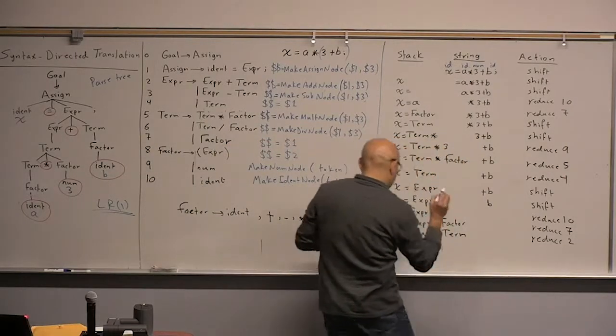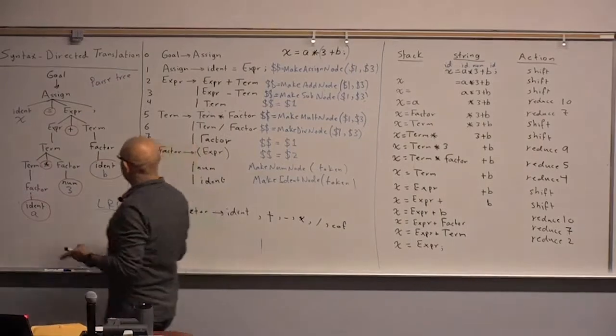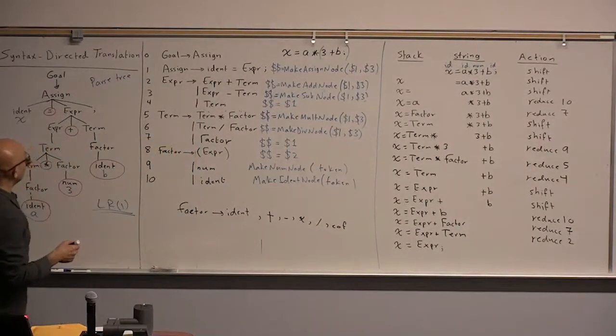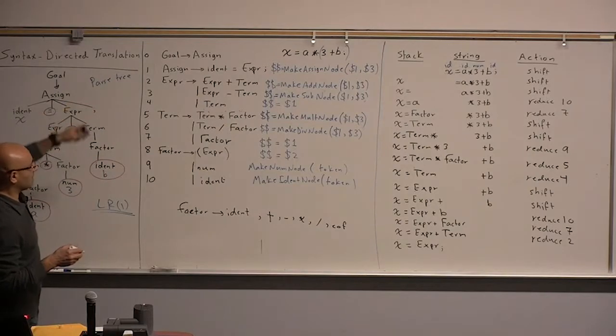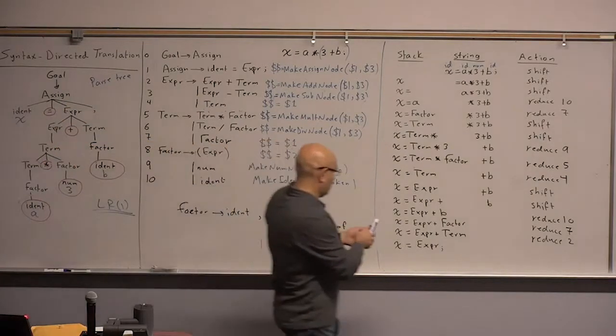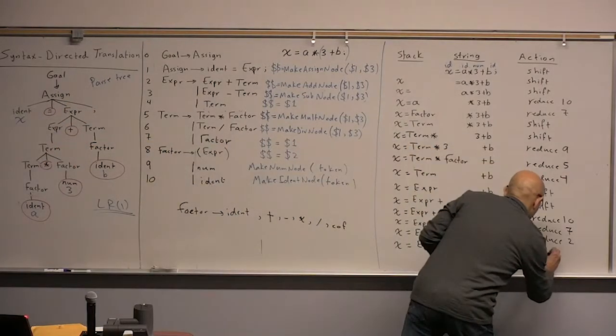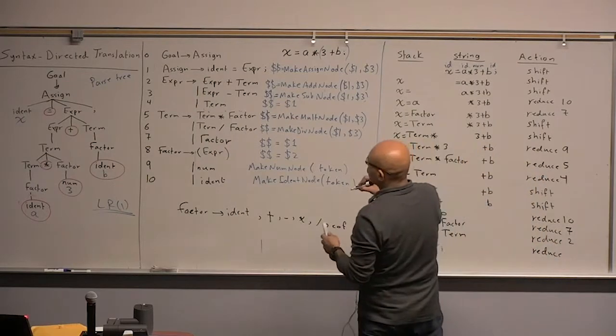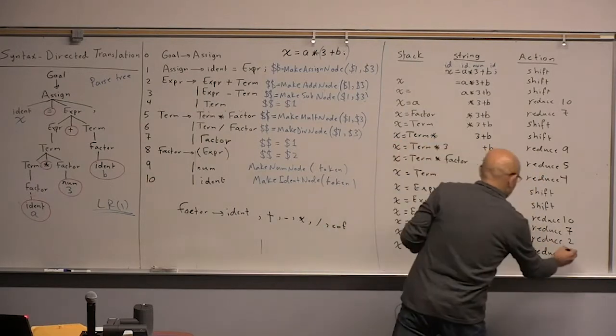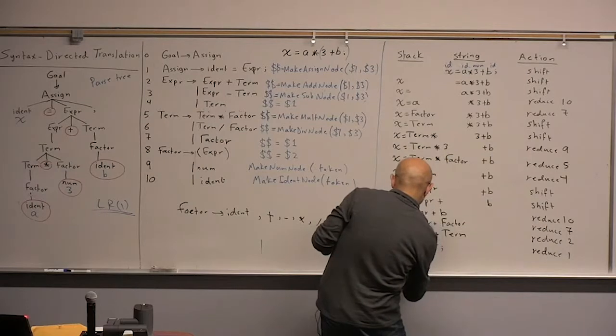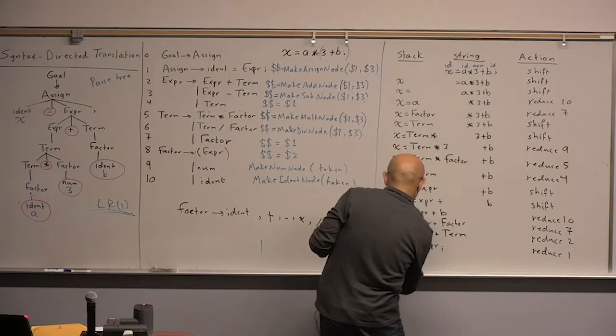So you will eventually get this and reduce x equals expression. You reduce this to an assignment by rule number 1. So x equals, this is an assignment.